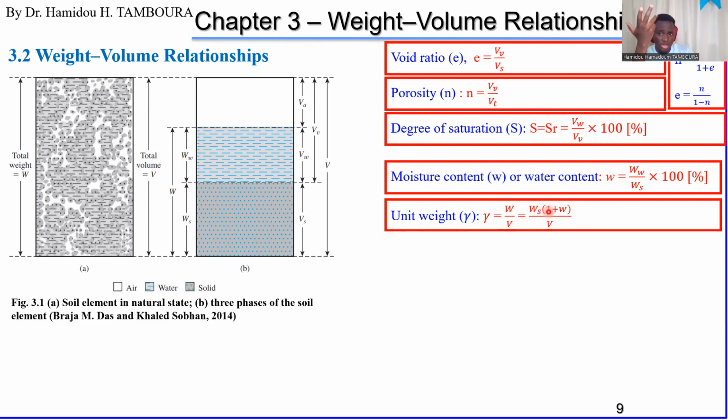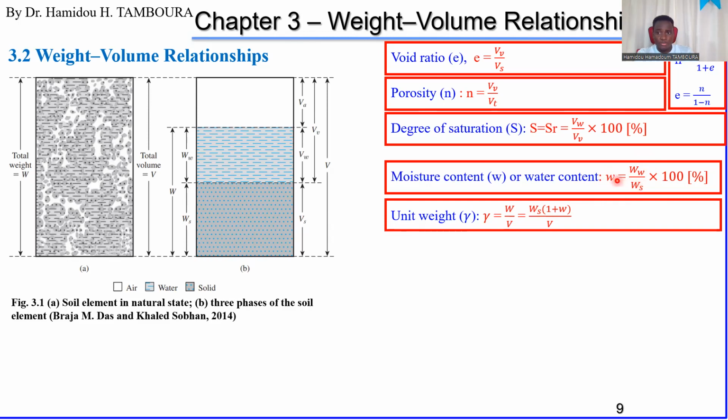How can you do that? Very simple. You come here, in this definition, you have the water content, right? So in this formula, you can get the weight of water. Weight of water will be the water content multiplied by weight of solid.